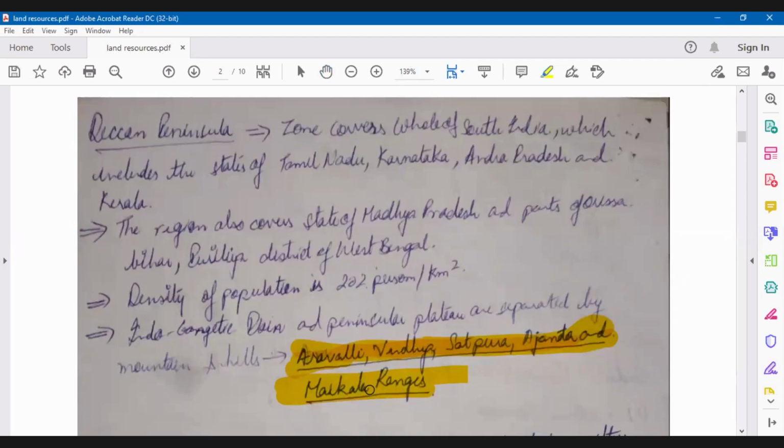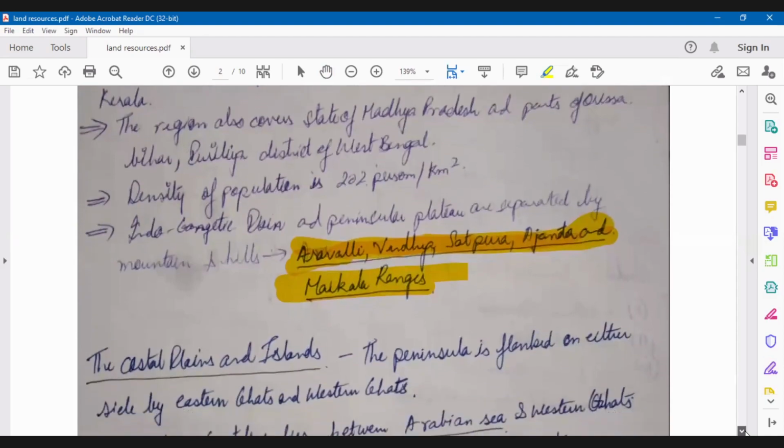So the hill ranges in central India separate the Indo-Gangetic plain from your Deccan Peninsula, and all these ranges also have a quite significant role in rainfall. Like how and where the monsoon is diverted, all these ranges have a role.